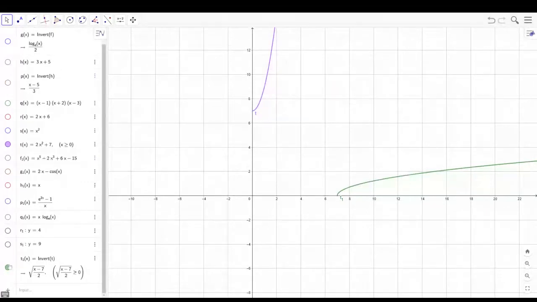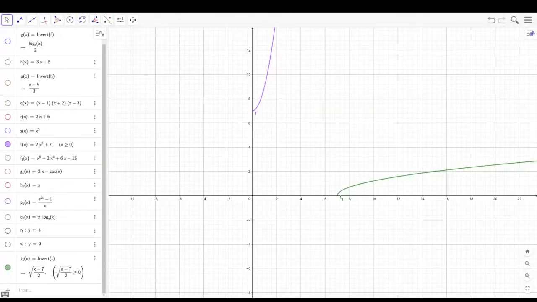Yep. So I've just used the invert command, but it's not too hard to rearrange this, right? So there it is. Okay, so it's the square root of (x minus 7) on 2, and you can compute that using the same ideas that we did in the very first example where we had exponentials and logarithms.